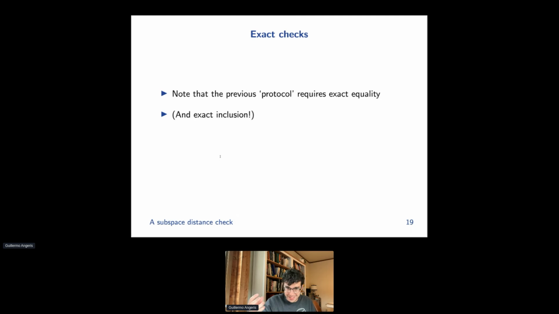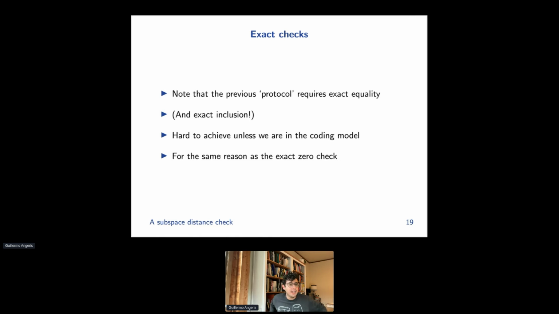But for the same reason as before, it's not possible without significant cost to check that it holds exactly. So what we want to check instead is something like y and z are close enough for all intents and purposes to the subspace that we don't actually care that they're not exactly equal to. They could be, they could not be, but they're close enough so that the proof that we want to talk about actually makes sense. Okay.